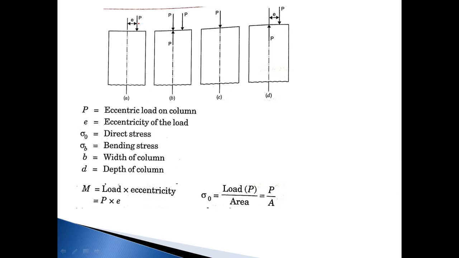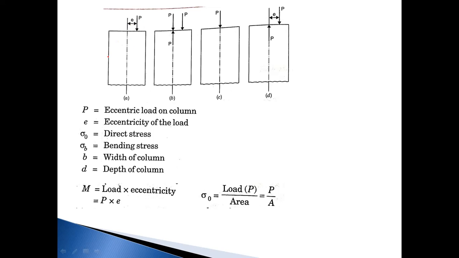Now suppose the P acts away from the CG at a distance of E. At that time, what stresses are induced in the section or in the column? Let us see. This is a section having an external load P at a distance E, where E means eccentricity.